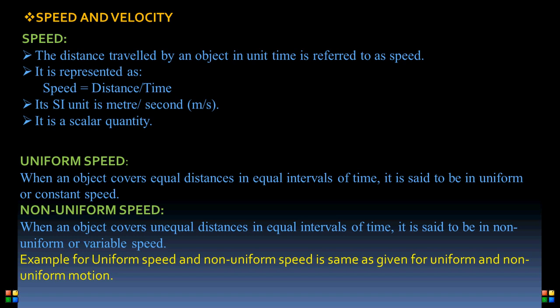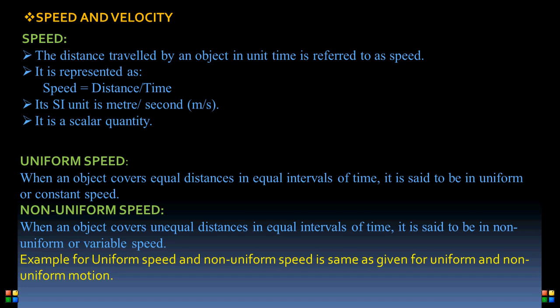Now, speed can be categorized as uniform speed, non-uniform speed, or average speed. Uniform speed: when an object covers equal distances in equal intervals of time, it is said to be in uniform or constant speed. Non-uniform speed: when an object covers unequal distances in equal intervals of time, it is said to be in non-uniform or variable speed.